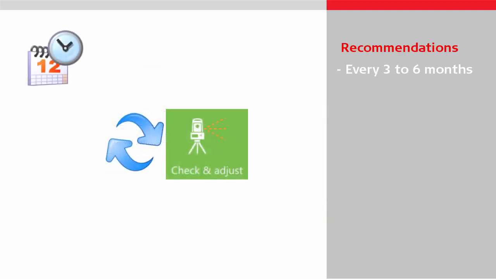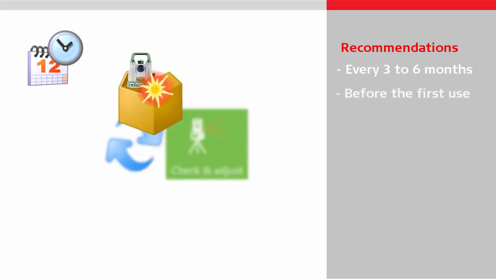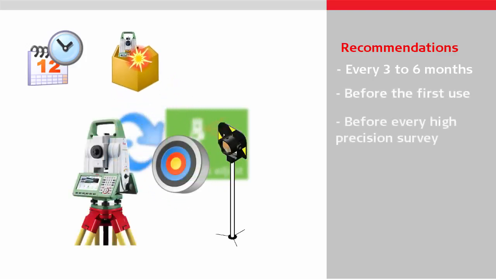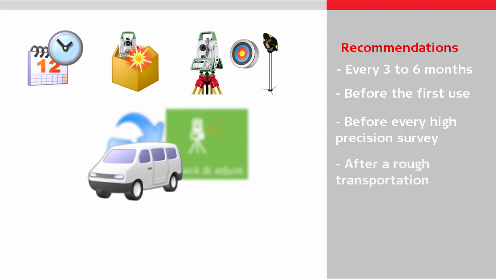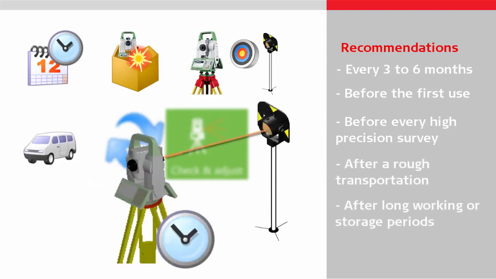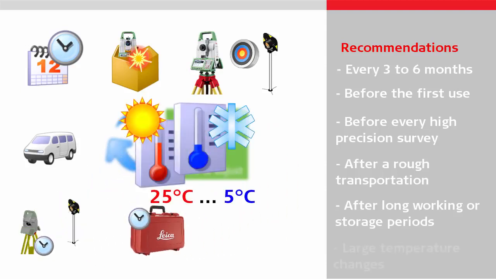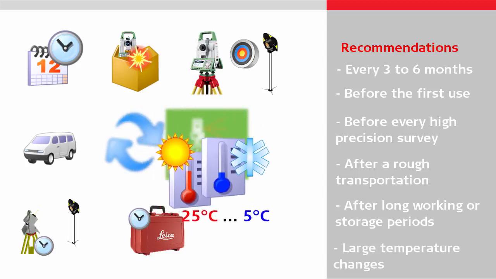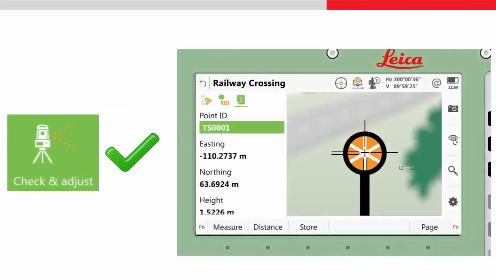In addition, the calibration routines should be executed before the first use, before every high-precision survey, after rough or long transportation, after long working periods, after long storage periods, and if the temperature difference between the current environment and the temperature at the last calibration is more than 20 degrees Celsius. A proper calibration of the instrument enables the highest precision and reliability of your measurement tasks.